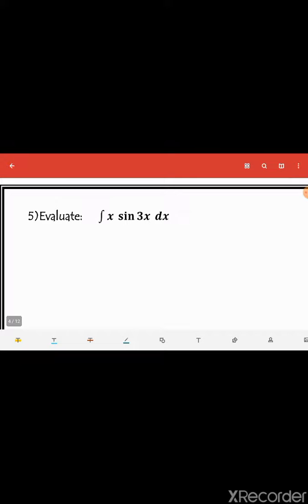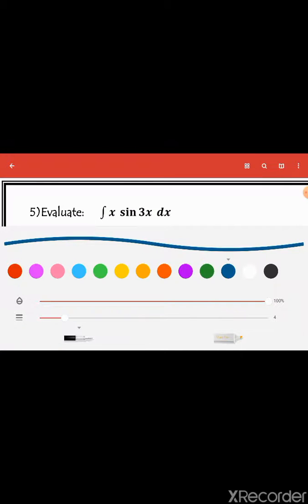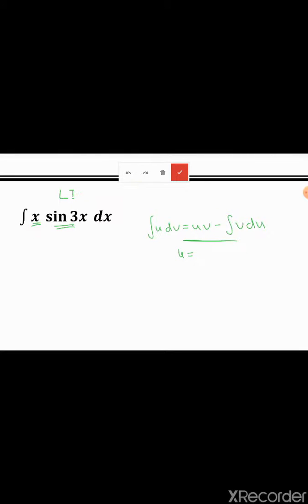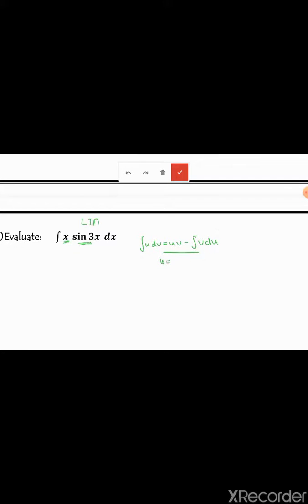The first way, which is the integral of u dv equals uv minus the integral of v du. And in this case, we have u, is it x or sine 3x? How to choose u? By using the word L-I-A-T-E.